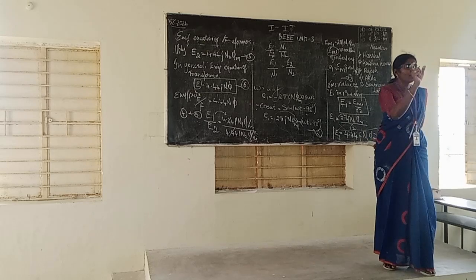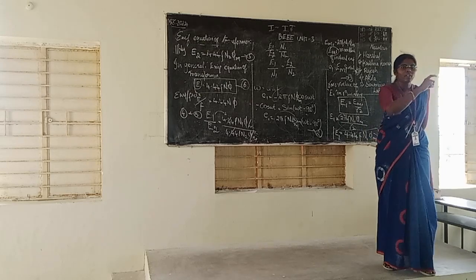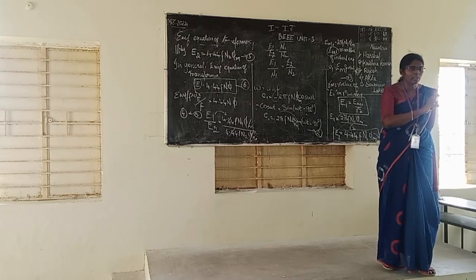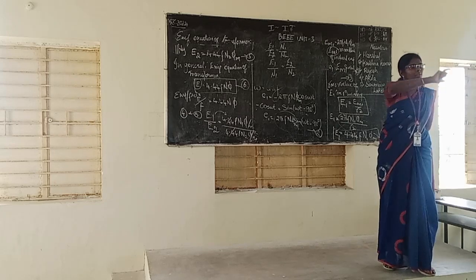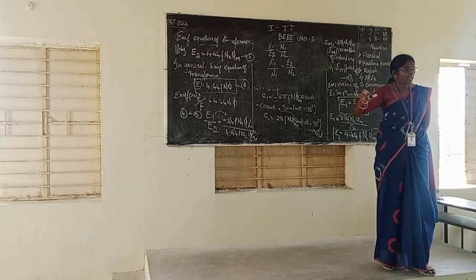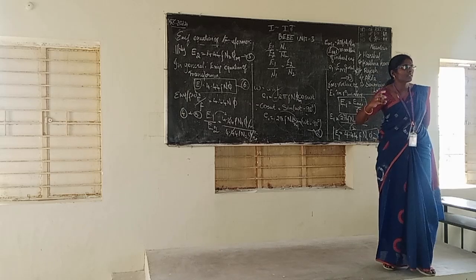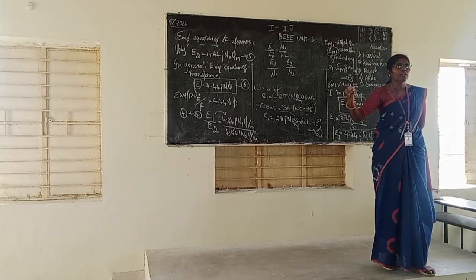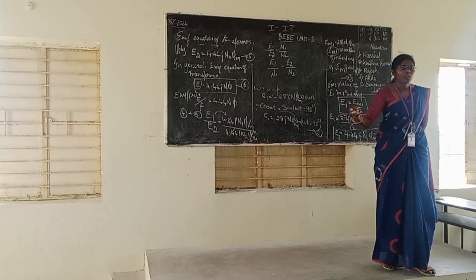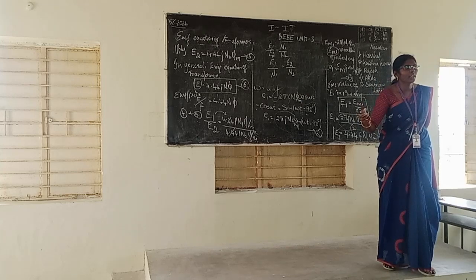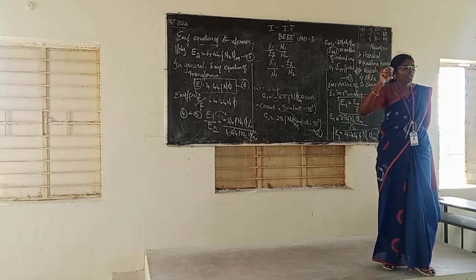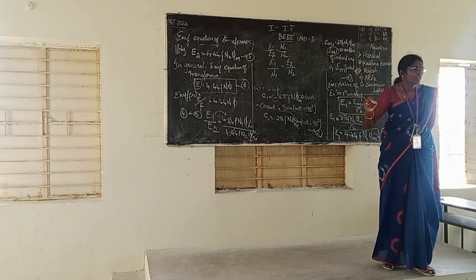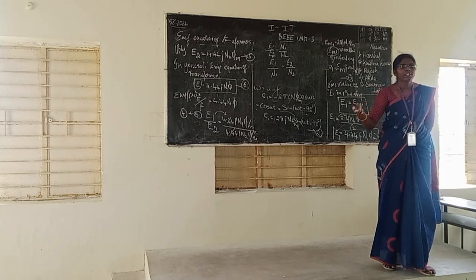The value divided by 3 gives a particular voltage value. The same is transferred to the secondary winding, where the number of turns may be more than the primary winding, for example 5. So we get the EMF E2 divided by the number of turns N2.